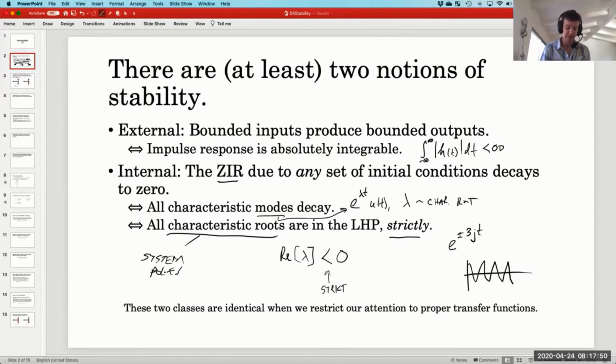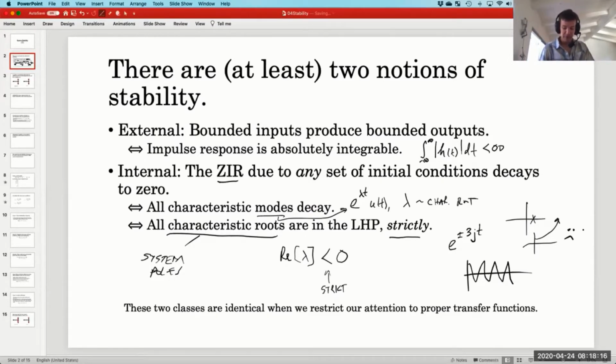Okay, that's how that implication chain works. If any of your poles are on the imaginary axis, then you get oscillatory modes, or non-decaying modes. And of course, if anything is in the right half plane, this mode contributes this kind of behavior, which is in no way stable.